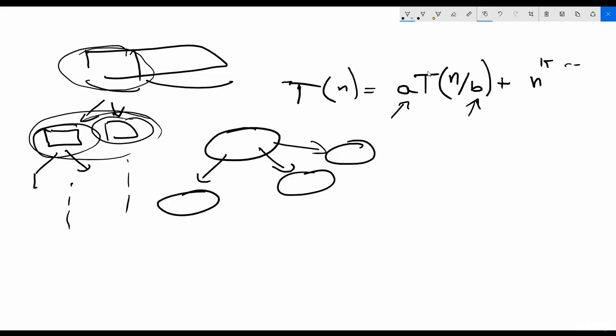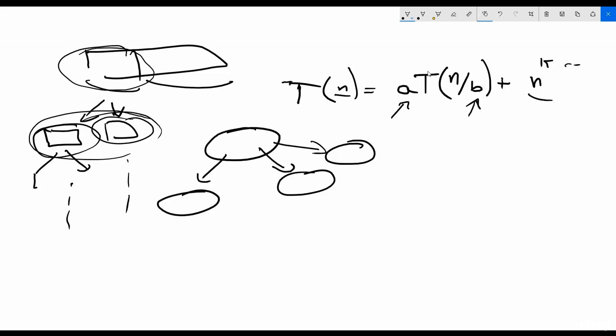The b, however, or let's say the n divided by b, is the size of those subproblems. So every time we're taking a problem of size n, and then we're creating a bunch of subproblems, every one of them of size n divided by b. Okay?